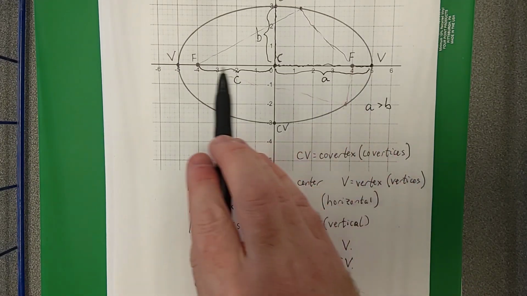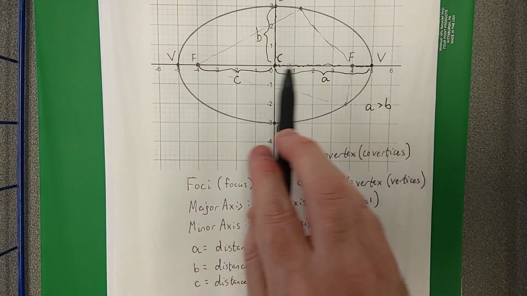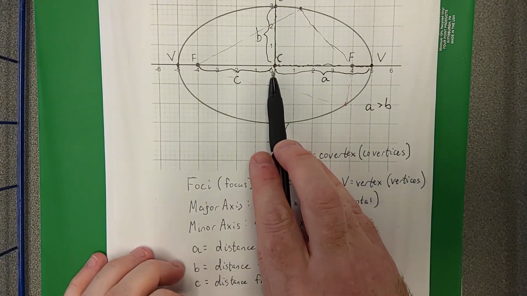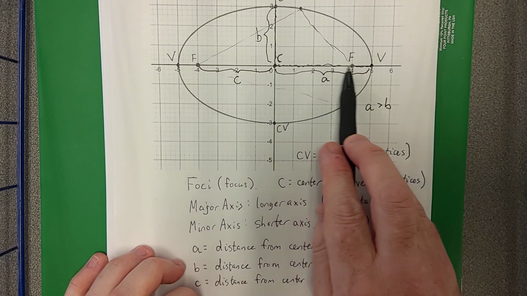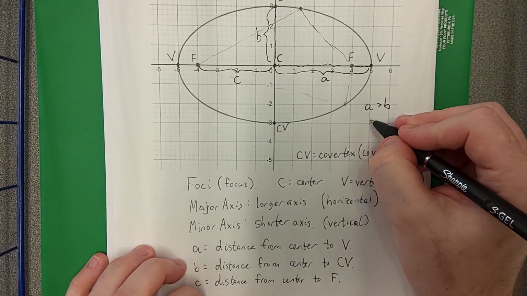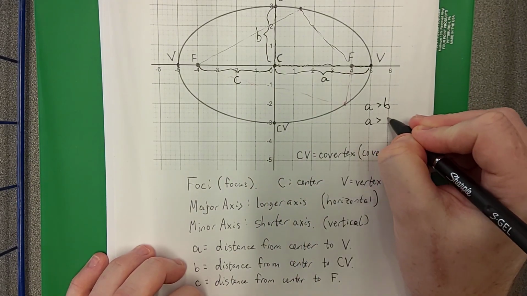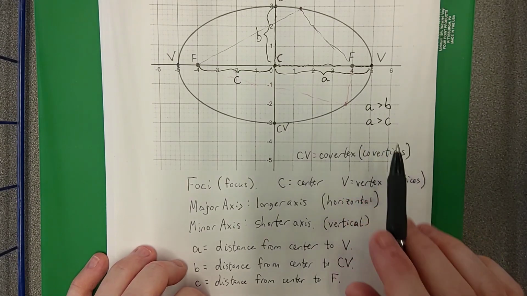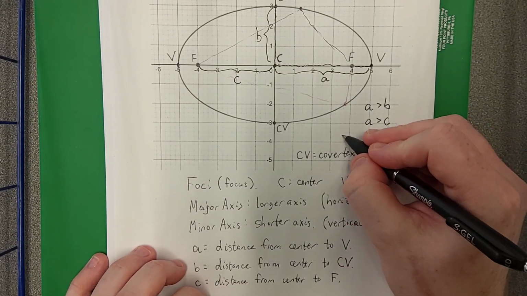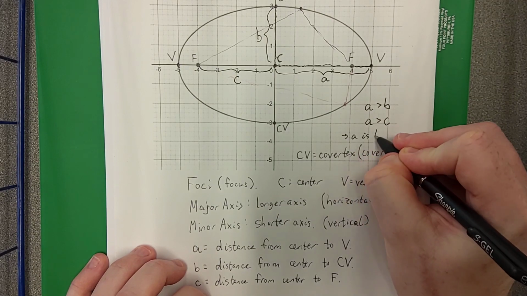Additionally, because an ellipse has its foci on the inside, it is guaranteed that the distance a out to the vertex is going to be greater than the distance to the focus. So a is definitely going to be greater than c. Of the three quantities a, b, and c, a is guaranteed to be the biggest.